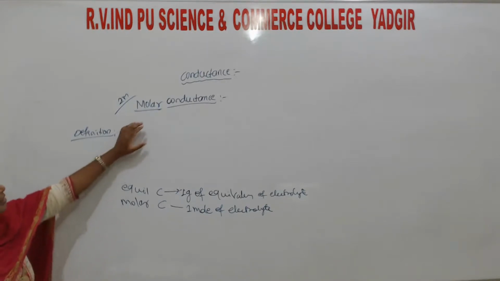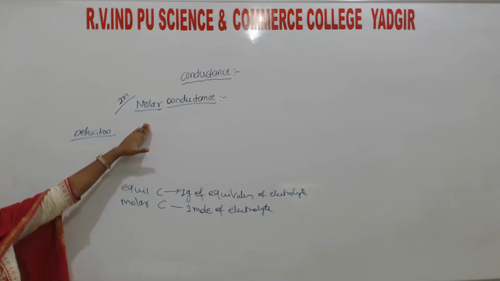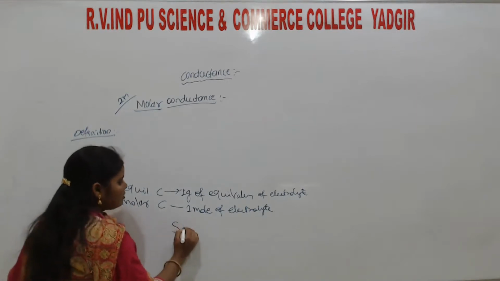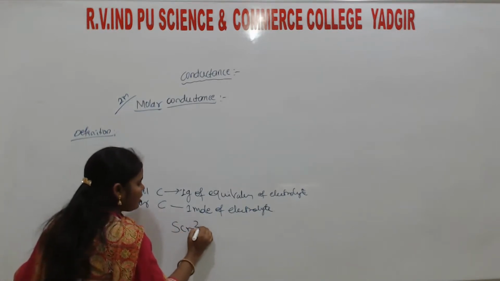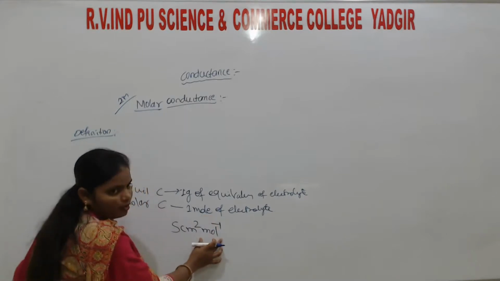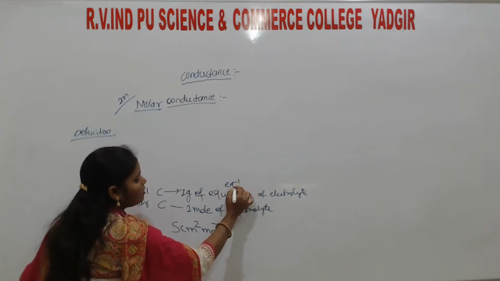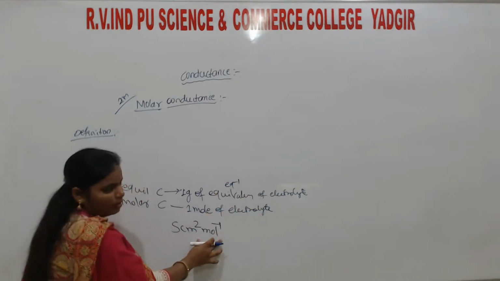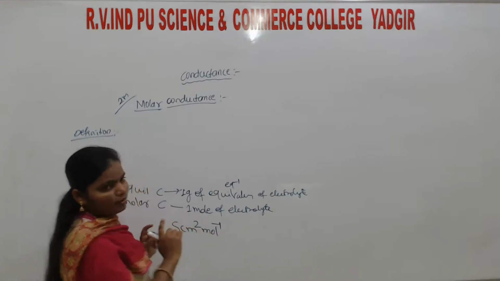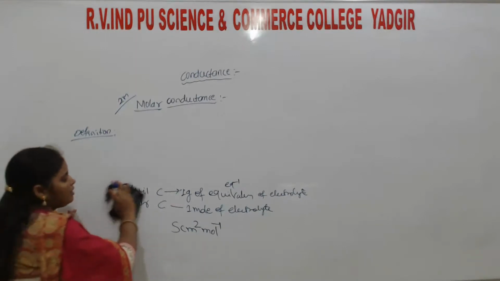The unit of molar conductance is Siemens centimeter square per mole. Here you take mole, so per mole, and for equivalent, per equivalent. Only this difference: per equivalent, per mole. Okay, I will write here the definition of molar conductance.